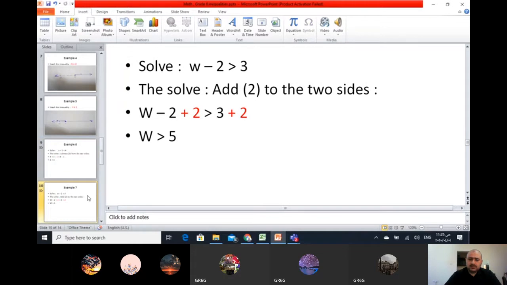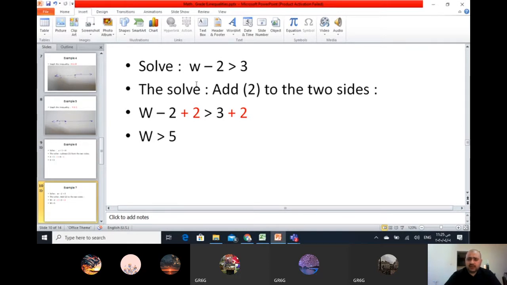Now example 7. We have this inequality: w minus 2 greater than 3. The first step, try to remove the number on the same side as the variable, so the variable stays alone on this side. How to remove the number? The number is minus 2. Add the opposite number to the two sides.